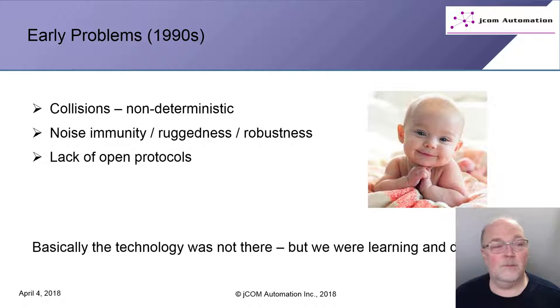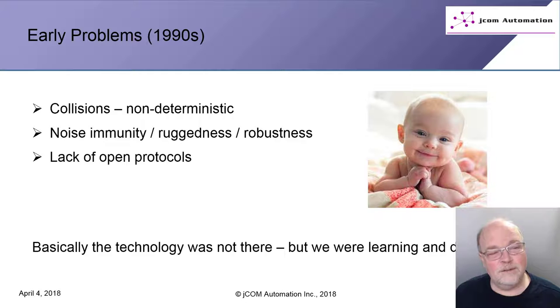It was non-deterministic. We had questions about noise immunity, the ruggedness, the robustness, and there was certainly a lack of open protocols. Basically, the technology was not there, but we were learning.